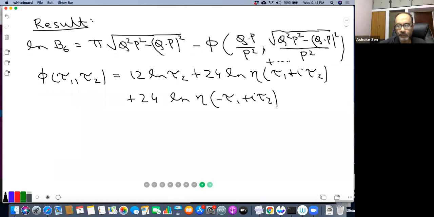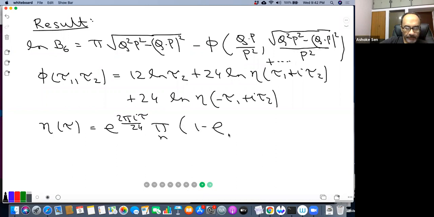So this is order charge to the 0, and then there are 1 over charge square corrections. So eta is the Dedekind function. Eta of tau is e to the 2 pi I tau by 24 times the product over n. Okay, this is the Dedekind function. So everything is very explicit, and that's the complicated function you get.